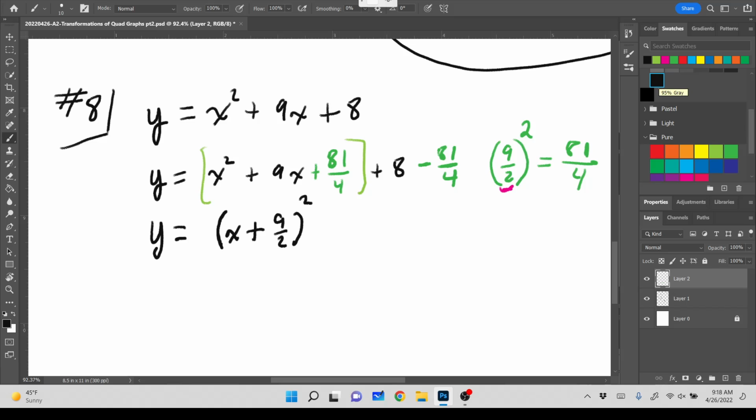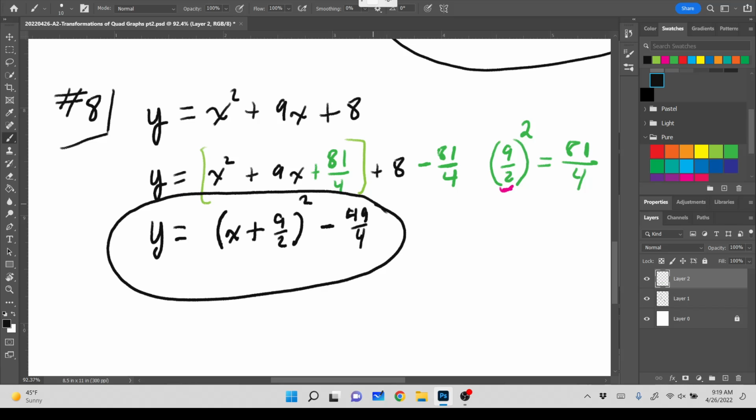So how many? 49? Yep, that sounds right. Negative 49 fourths. That's the answer. It is, in fact, the answer.